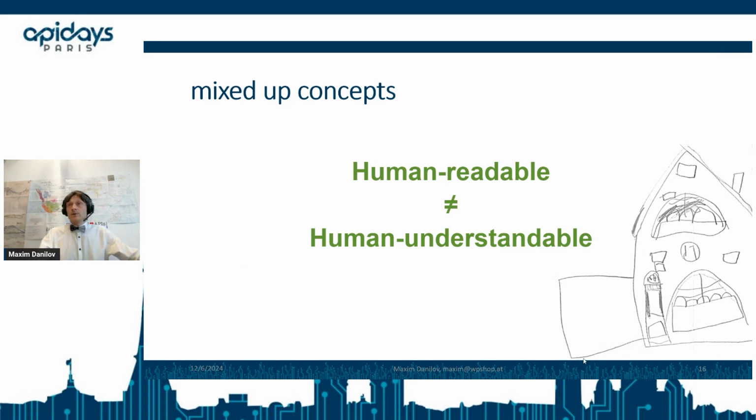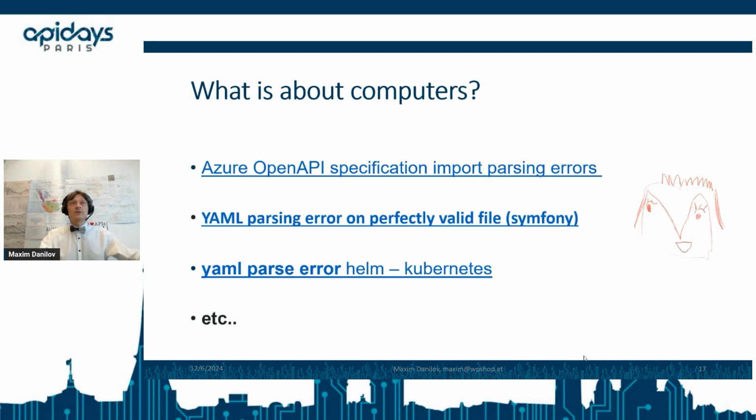And what about computers? Probably machines can read a YAML file better. But if I start to search for the problem, usually we can find parsing errors, especially for the PHP Symfony framework. You can see a YAML parsing error on a valid YAML file, or a YAML parse error by Kubernetes.